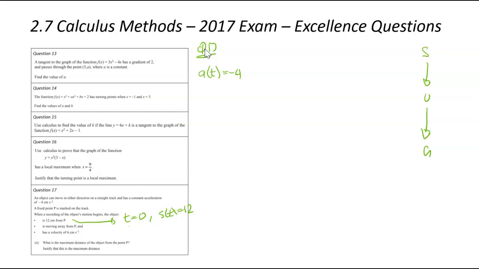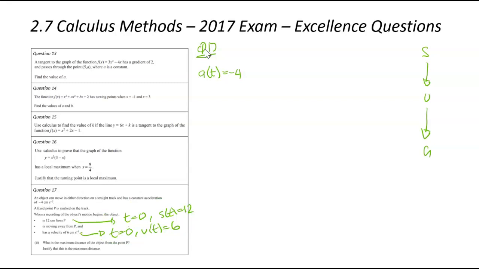It's moving away from the object. That really just explains distance, it doesn't give us information about positive or negative. It just means we're 12 centimeters away, and that's represented there. And finally, it has a velocity of 6. So that also tells us when t is equal to 0, the velocity will be equal to 6. So that's a lot of information we can use to substitute.